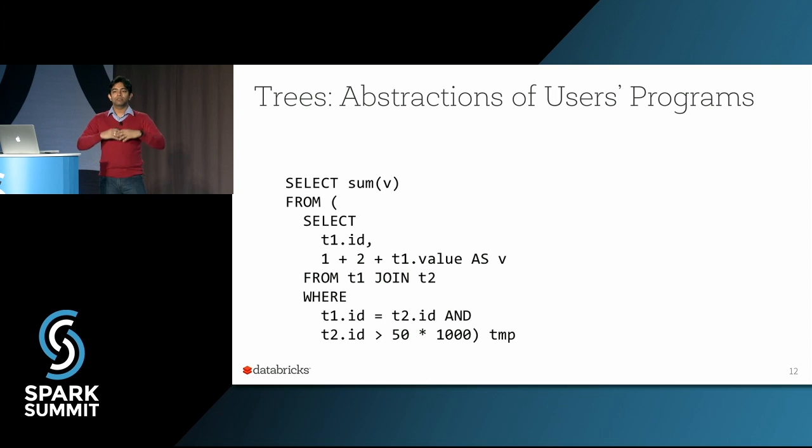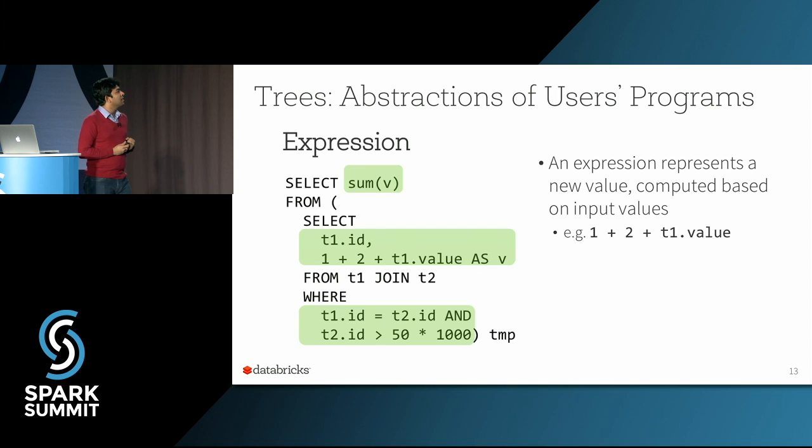From this, we are trying to select two attributes. One is the ID of the first table, and then we are also trying to select 1 plus 2 plus a value from the first table. And finally, we are trying to compute a sum on one of the attributes that we selected. As soon as SparkSQL sees a query like this, the first step within the compiler is that it tries to identify these sets of expressions in the query.